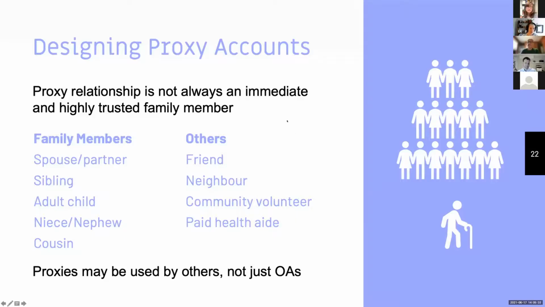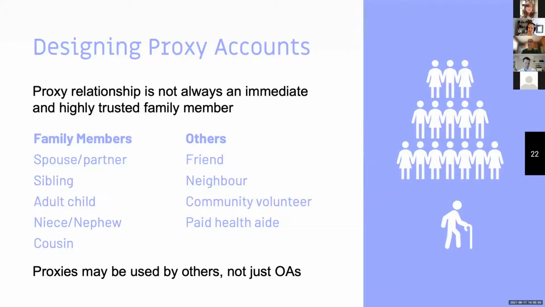Let's remember that the close others are a wide variety of people. It's often not just one person. You might have a spouse who helps you with your online healthcare, and an adult child who helps you with online banking, and a neighbor who's an accountant who helps you with your government tax filing online, things like that, right? It could be a wide variety.